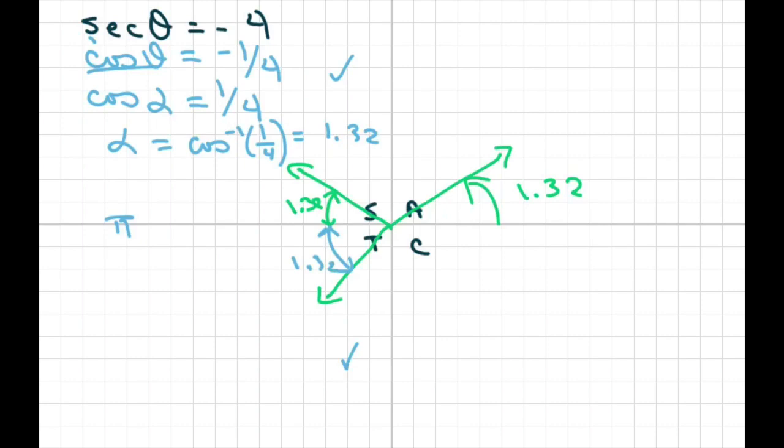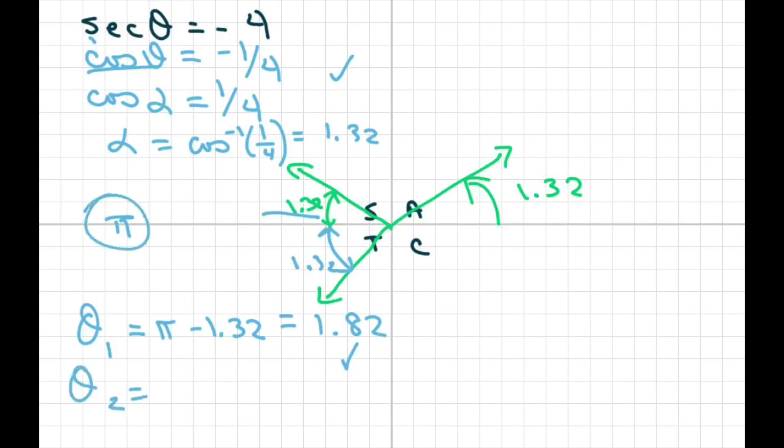So for theta 1, that's going to equal pi minus 1.32, and that's going to equal 1.82. And for my theta 2, I'm going to take pi plus 1.32, and that gives me 4.46. So those are my two solutions.